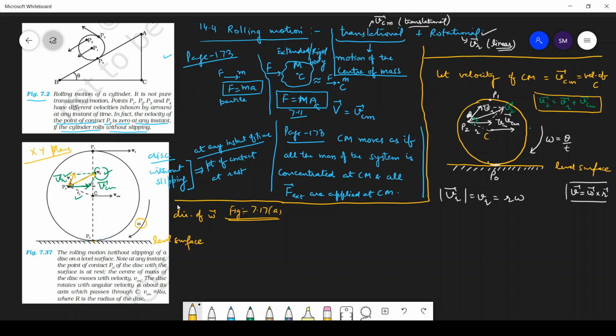So how will you curl your fingers? Put the fingers of your right hand on this, in this direction. Can you put your fingers like this?